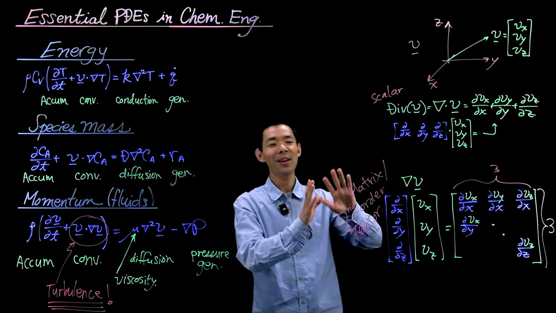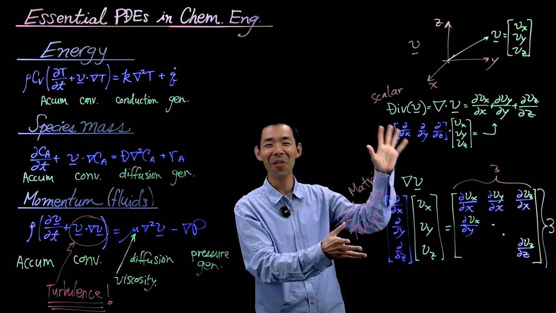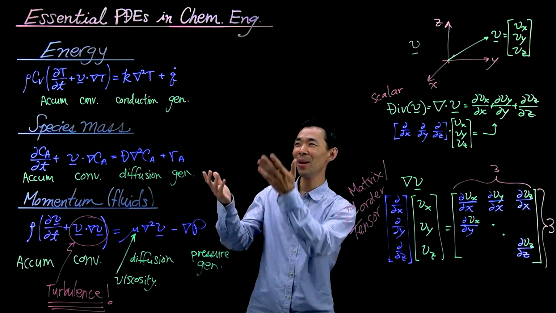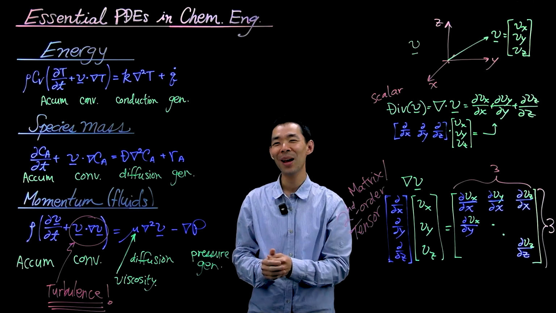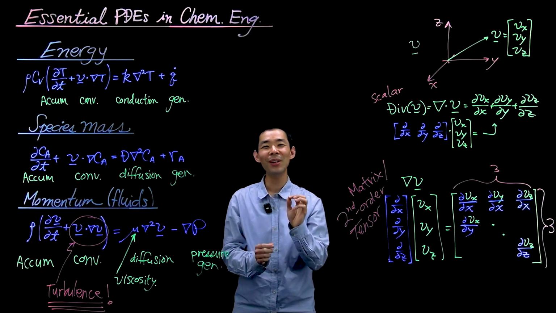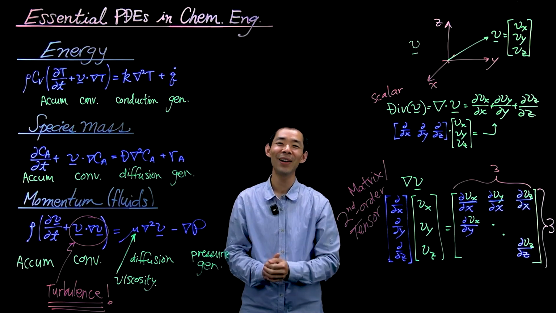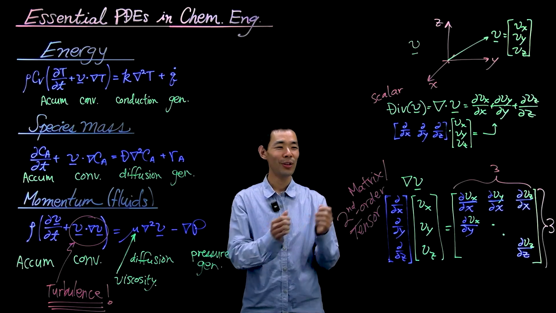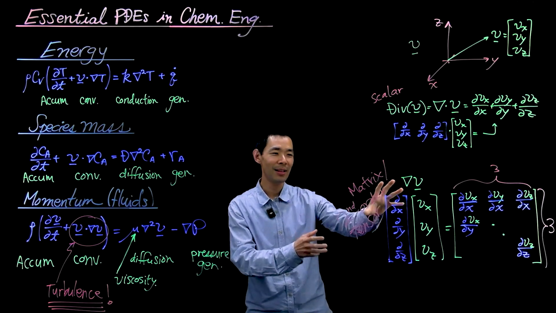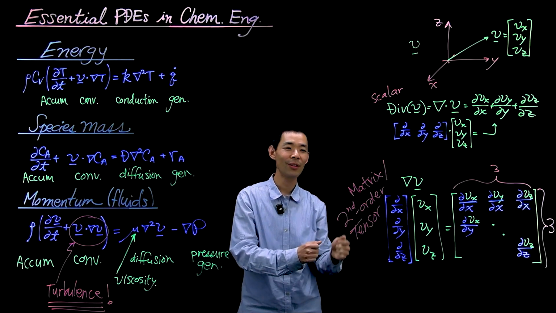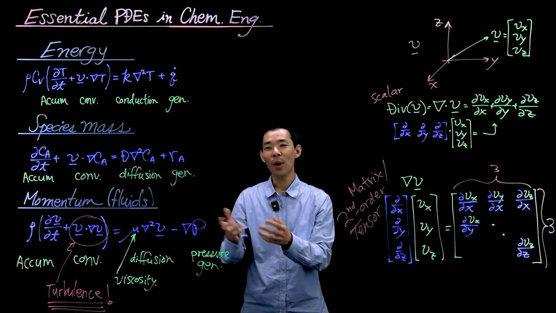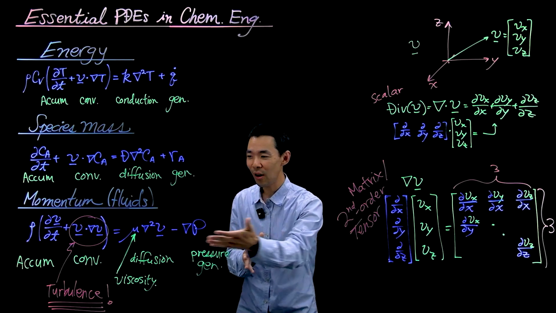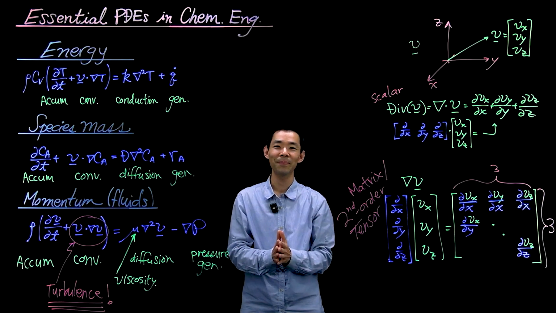In any case, you guys don't have to worry about a lot of this stuff for knowing the basics of energy, species, mass, and momentum balance, but I just wanted to give you a glimpse of how people in the research community use applied math and details of mathematics of vectors, tensors, partial differential equations, combine that knowledge together to solve a really hard problem like fluid mechanics.